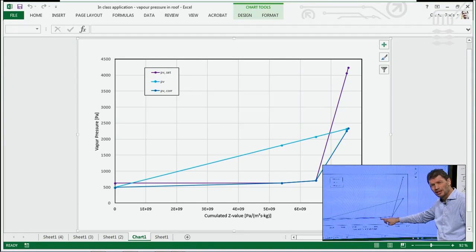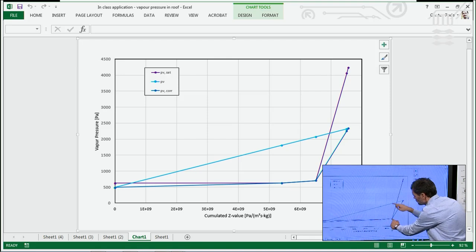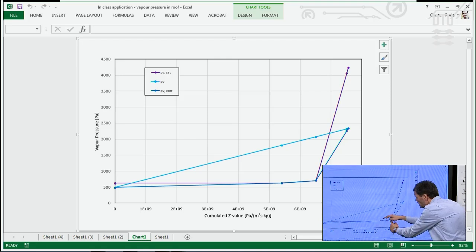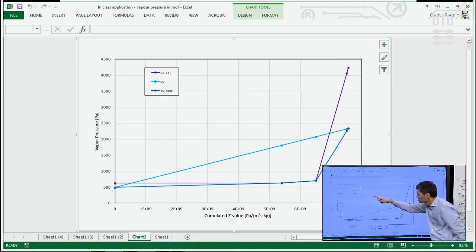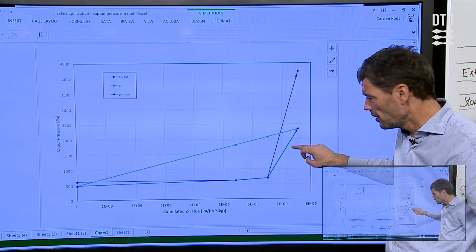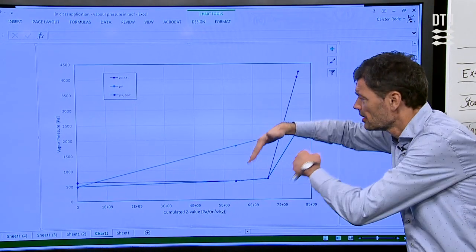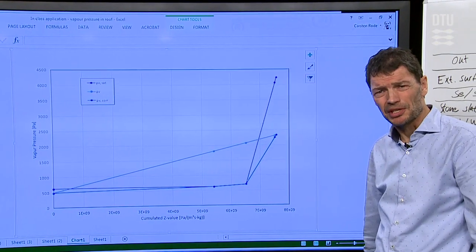Then we reduced it until the saturation value. Then we tried again, but it was also too high, and then we put it to the saturation value. And this way you keep correcting and correcting until you finally get a final corrected vapor pressure distribution from inside to outside, but never exceeding the values for saturation vapor pressure.